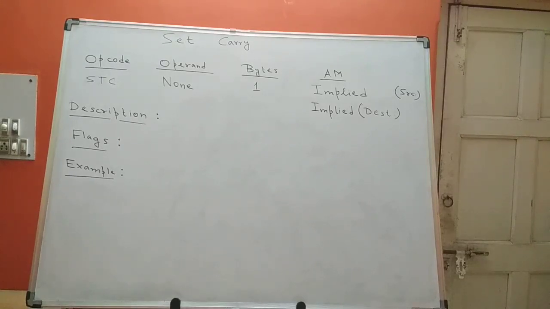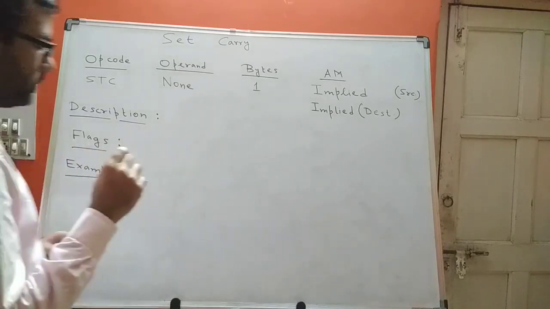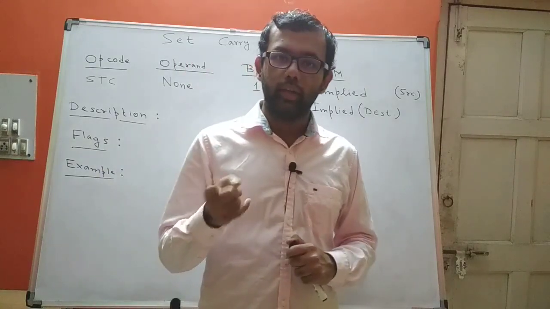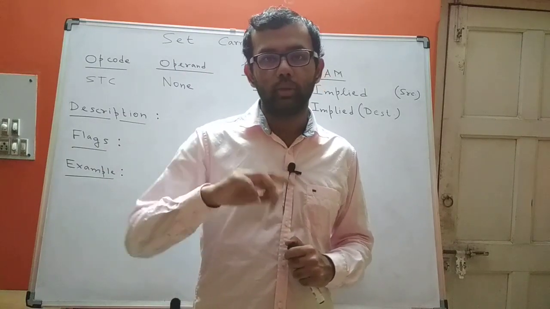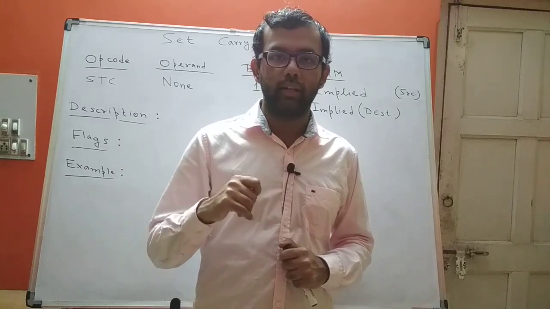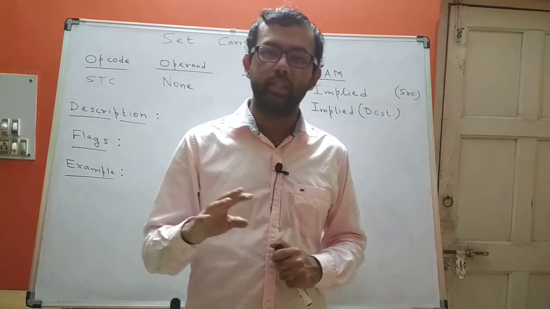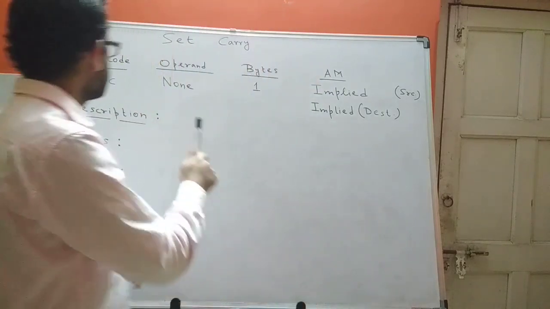The next instruction is STC, set carry. The previous instruction that we saw was CMC, complement carry, that would take your carry flag and change it to its opposite value. That means if your carry flag currently contained 0, it would change it to 1, and if it contained 1, it would change it to 0. But what about this instruction, STC?